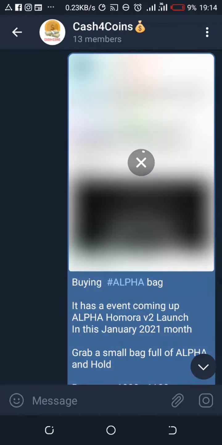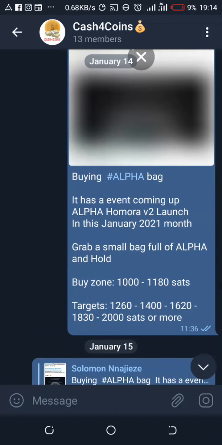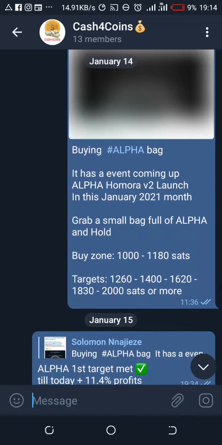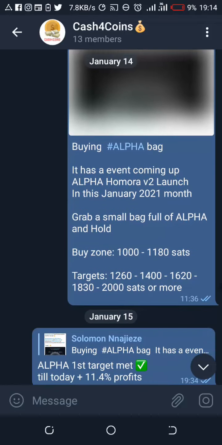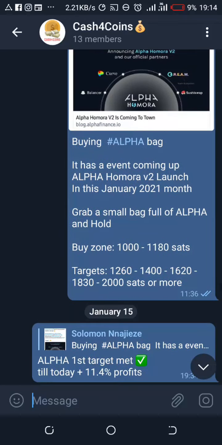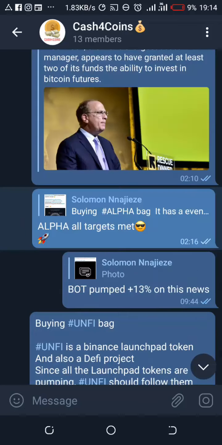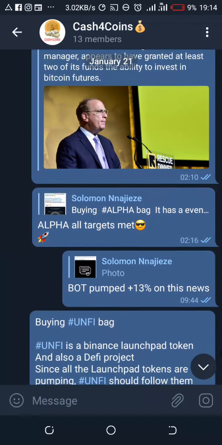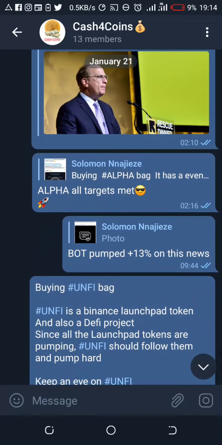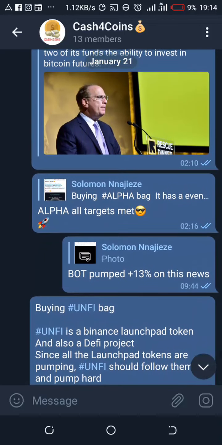As you can see, this alpha was posted on the 14th of January, and all targets were met. The last target of this particular trade is 200 satoshi, and this alpha went to more than 2200 and something satoshi. If you go back, you see that this trade was concluded on the 21st, right?